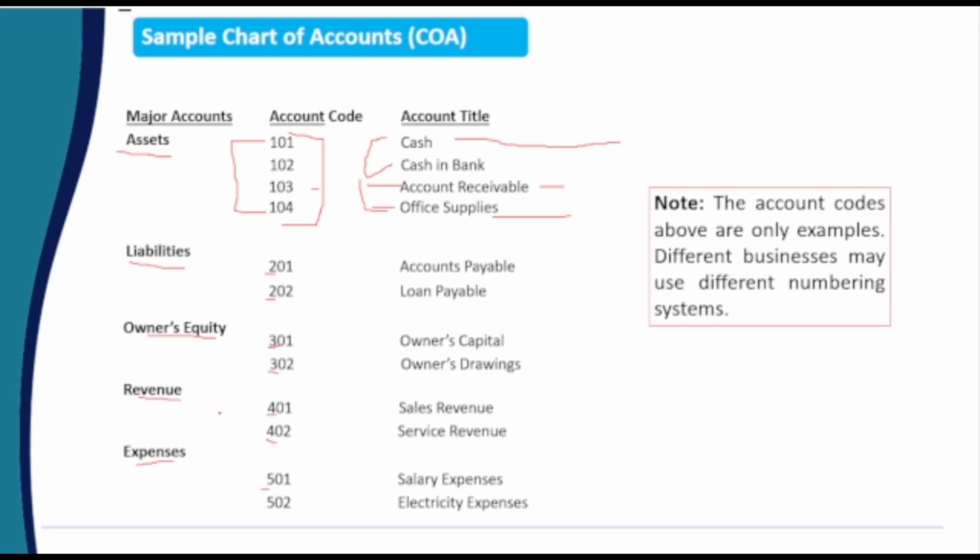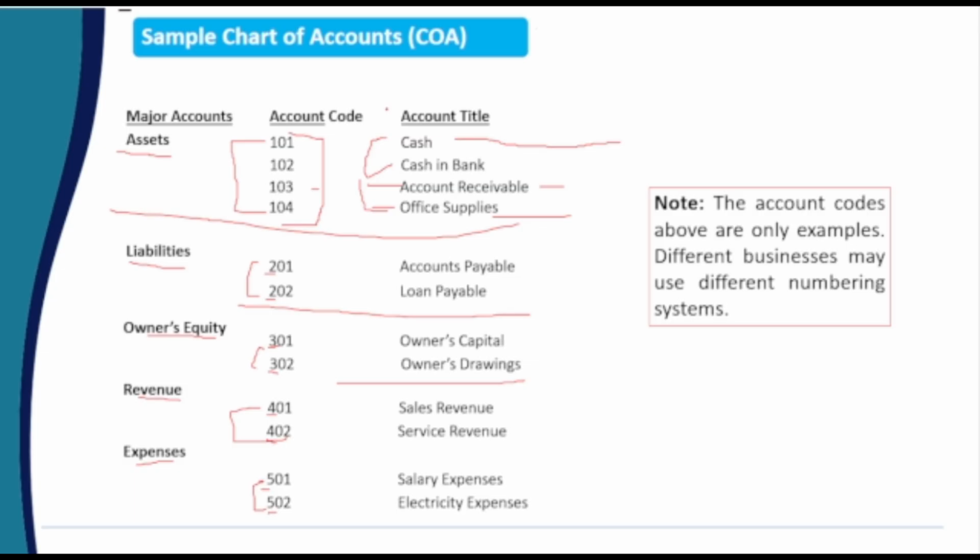So, with the expense. Dito pa lang, ma-analyze mo na itong account title na ito is under siya ng assets kasi lahat ng assets, nag-start siya ng account code na 1. Ang liabilities naman ay nag-start siya ng account code na 2. Owner's equity, nag-start siya ng 3, 4 for revenue, and 5 for expenses.